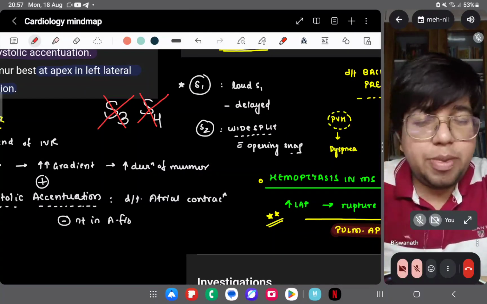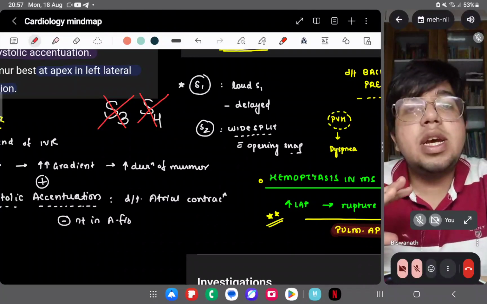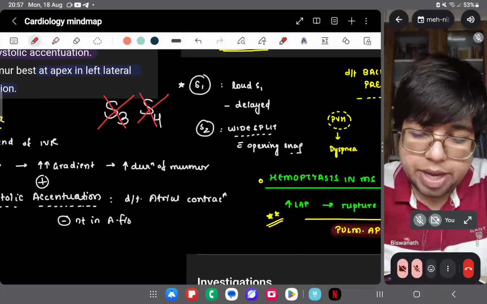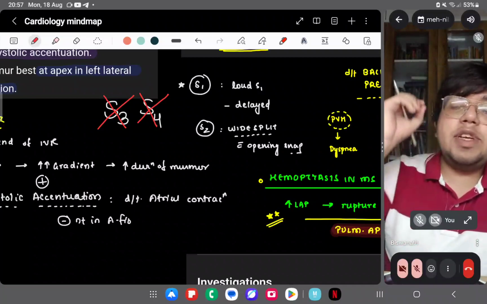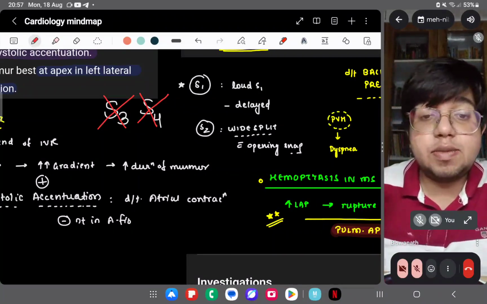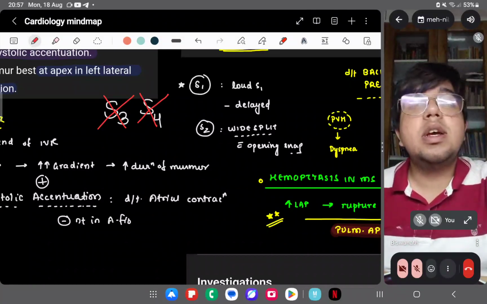I told you many times in previous lectures that only when there is a non-stenosed valve will there be S3 and S4. Here we have a stenosed valve present, so S3 and S4 will be absent.